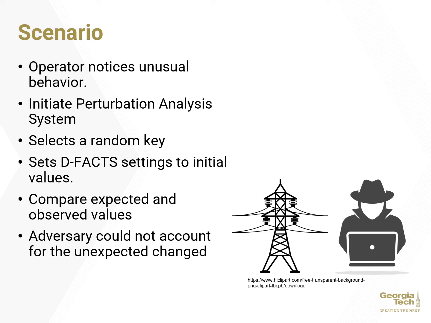However, Alice starts the perturbation analysis system. The analysis tool then selects a random perturbation key. As shown previously, these keys were computed with MATLAB to produce accurate and fast linear predictions without hindering the function of the system. Bob's spoofed measurements will not have been changed to reflect the new system state after the perturbation analysis was initiated.